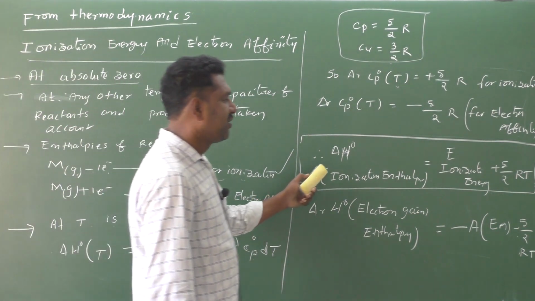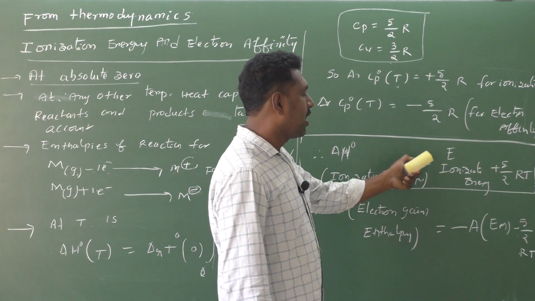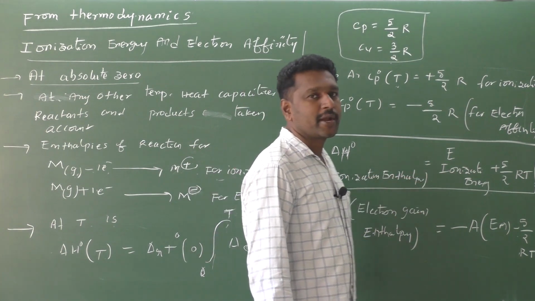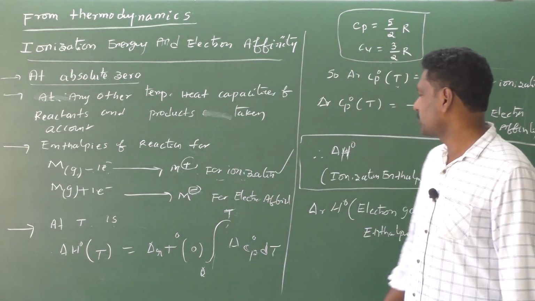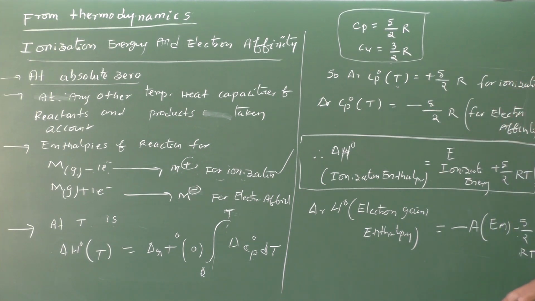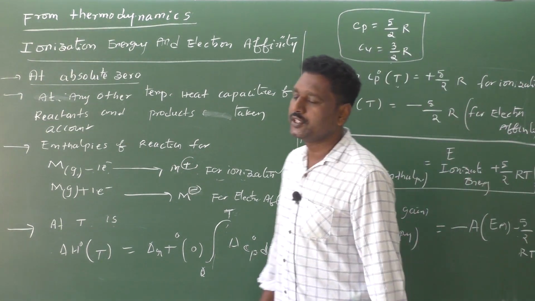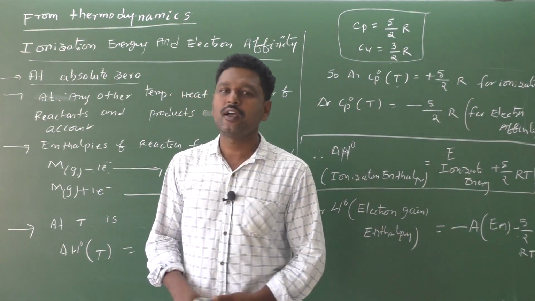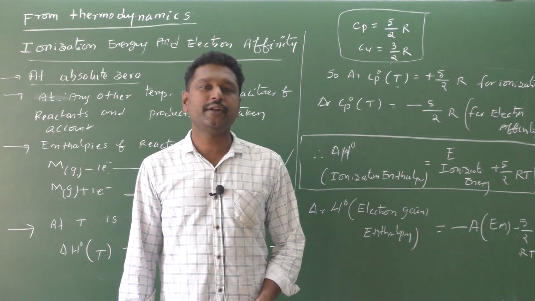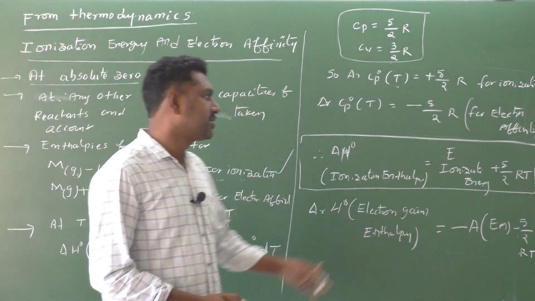So for ionization enthalpy: ionization energy plus 5 by 2 RT. For electron gain enthalpy: electron affinity minus 5 by 2 RT. This is the thermodynamic relation of electron affinity and ionization energy.